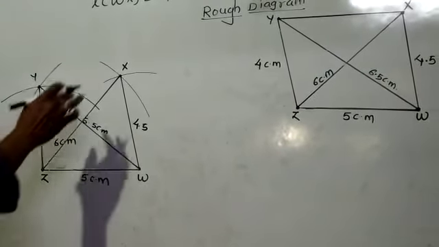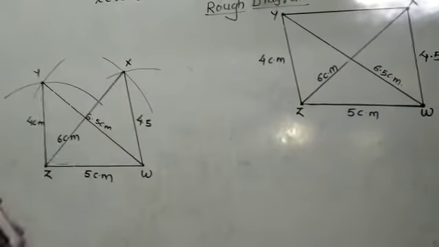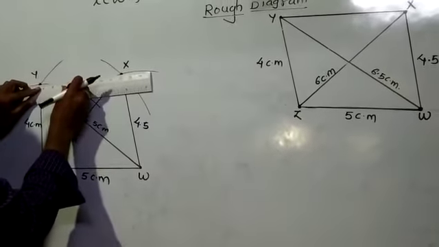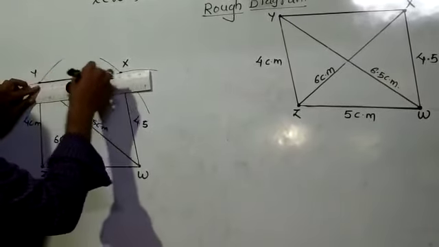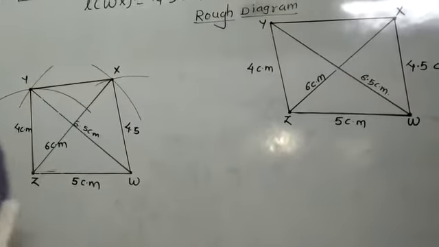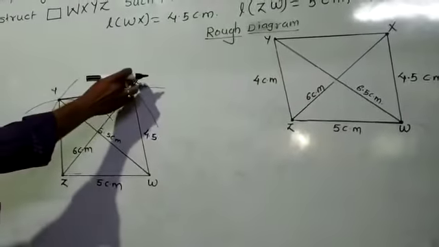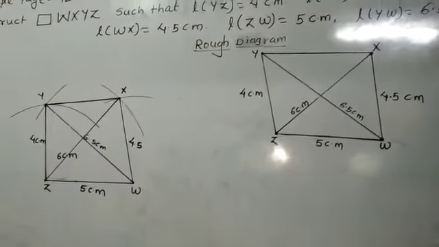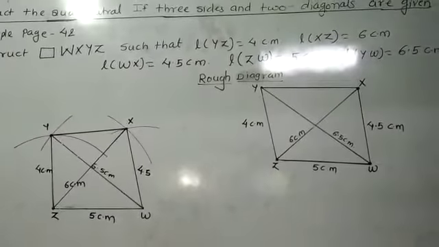The quadrilateral is X, Y, Z, W. So this X, Y you have to join by the scale. If you join this X, Y by the scale, we will get this quadrilateral X, Y, Z, W. In this way you have to construct the quadrilateral X, Y, Z, W.